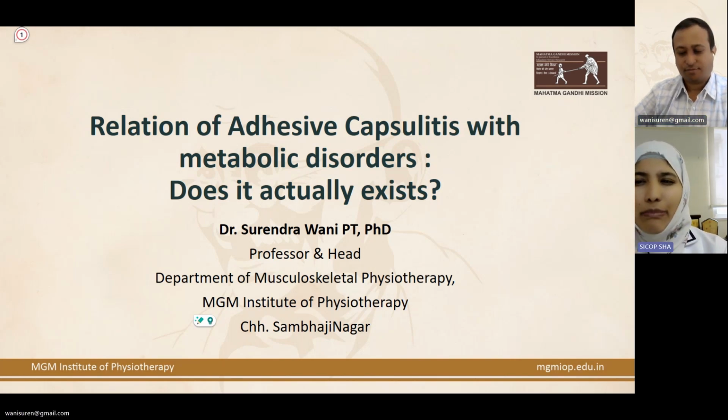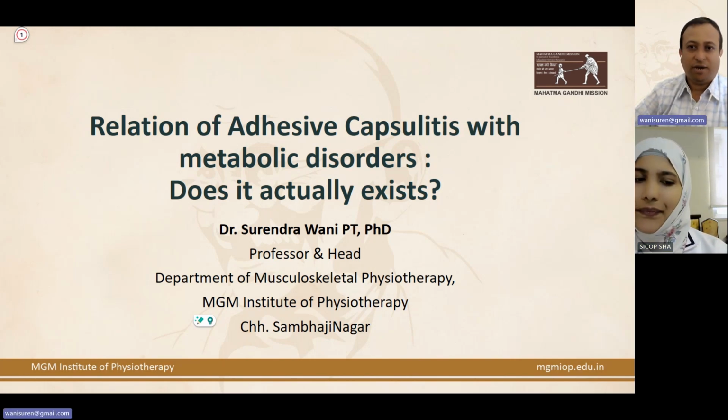Can you explain a little how metabolic disorders or factors influence the prognosis or severity of the disease or impairment and outcome in the long term? Yes, the factors, as I already told, like HbA1c.